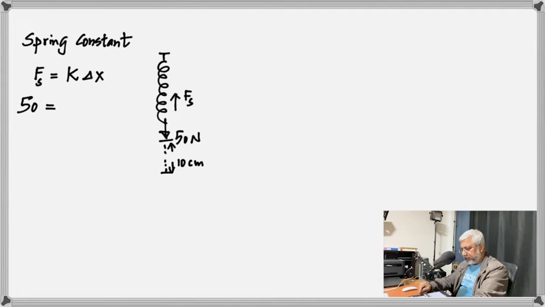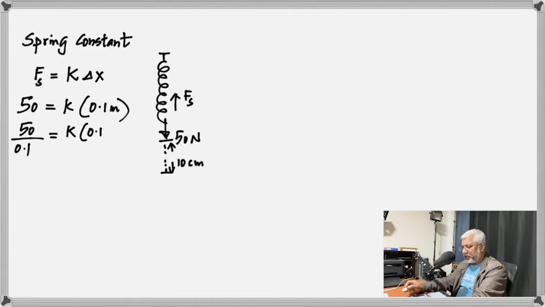So putting it into the equation, 50 is k times, that's in centimeters, so I changed it into meters, 10 divided by 100 gives you 0.1. And so you're able to find k by dividing both sides by 0.1, and you get the value of the spring constant. So the spring constant is 50 by 0.1, which is 500 newtons per meter.